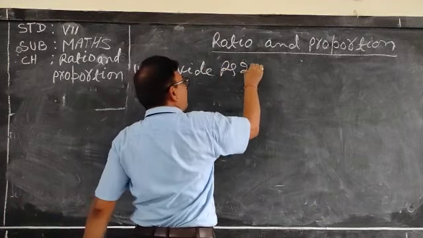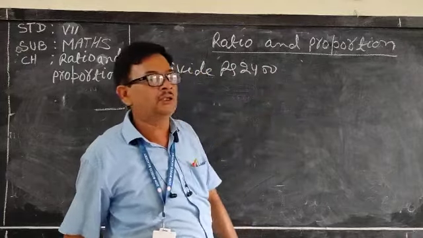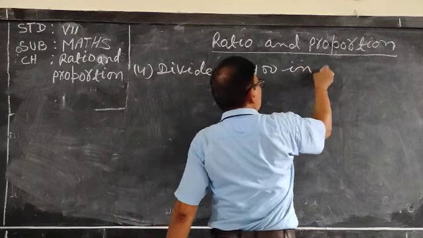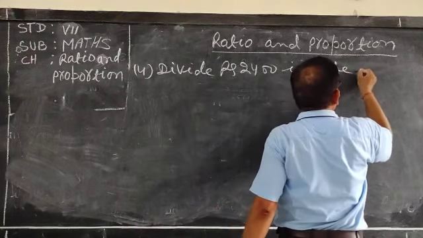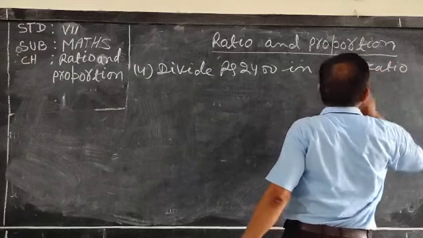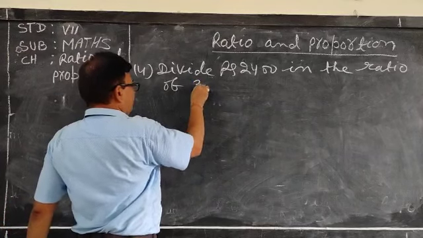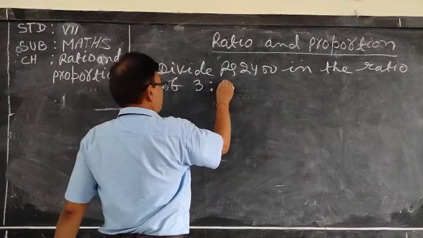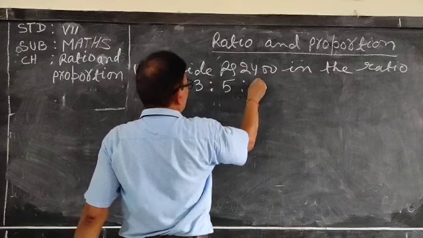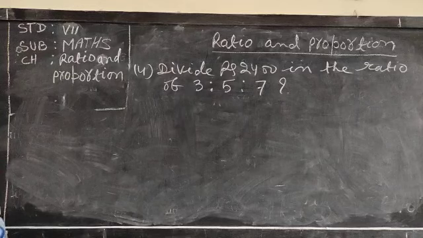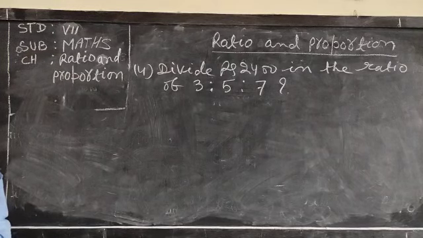Divide rupees 2400 in the ratio of 3:5:7. What is the question? Divide rupees 2400 in the ratio of 3:5:7.